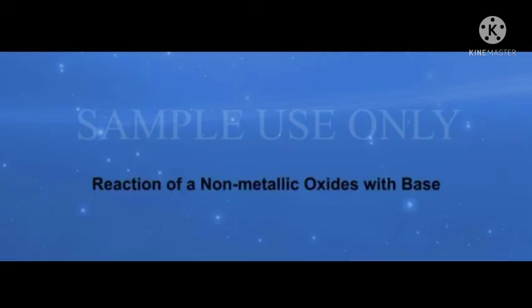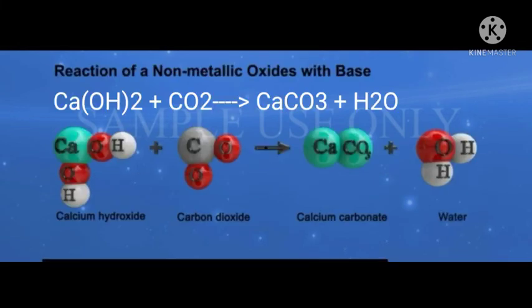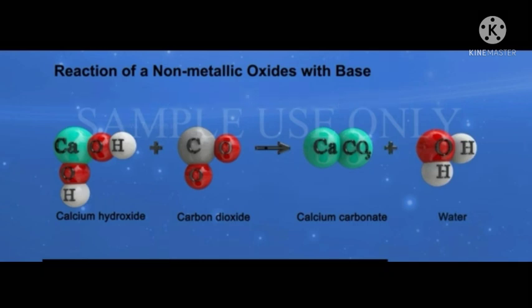Now, the next reaction we have to study is the reaction of a non-metallic oxide with a base. For example, we can take carbon dioxide. Since carbon is a non-metal, its oxide is called a non-metallic oxide. When carbon dioxide reacts with calcium hydroxide, we get calcium carbonate plus water. Calcium carbonate is a salt. So here also, when a non-metallic oxide like carbon dioxide reacts with a base, we get a salt and water.